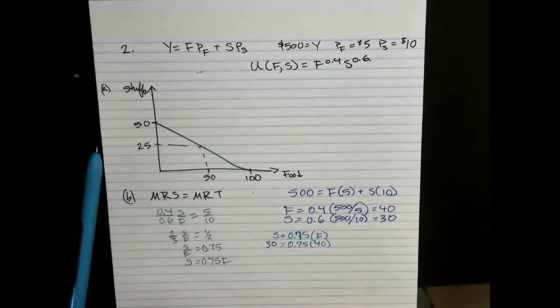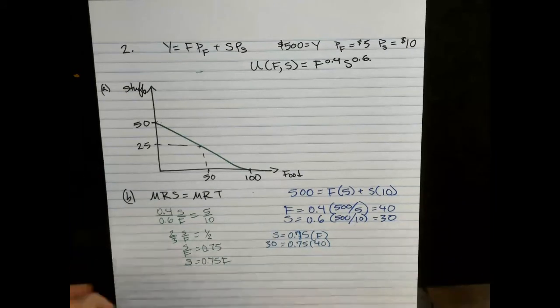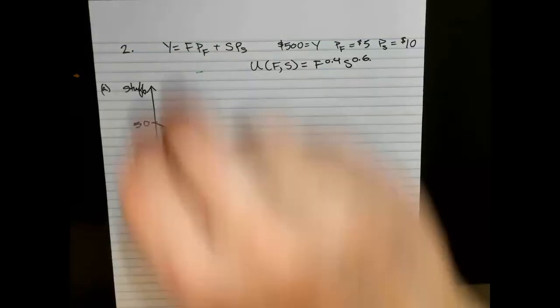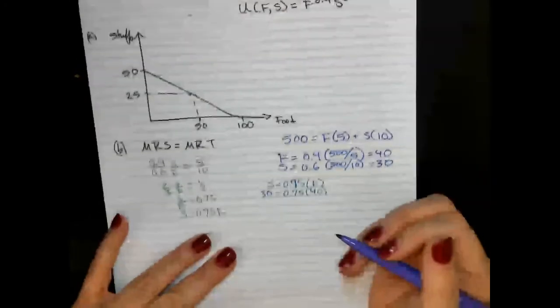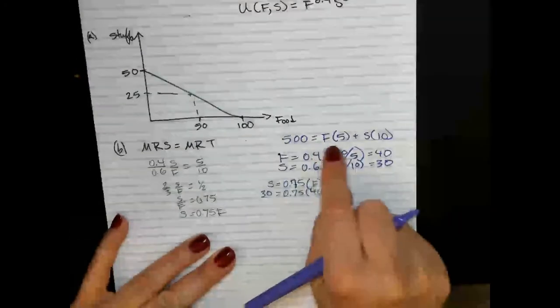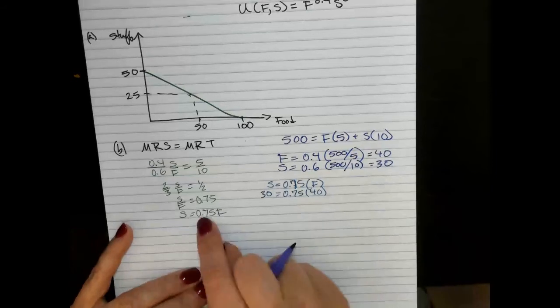We can also go through and solve using the budget constraint another way. We can take this 500, F5 plus S10, and insert this into this.